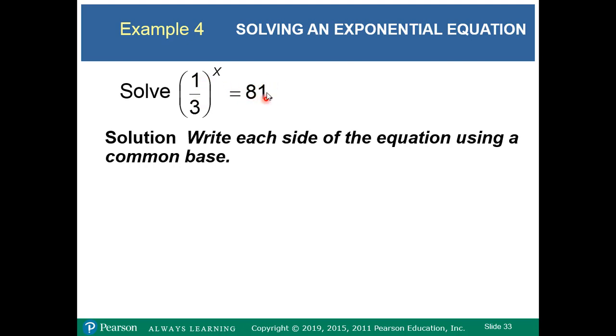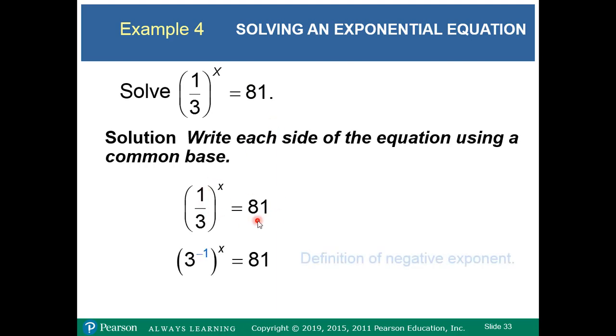So one way is to write this as 3 to the -4th power and then bring it in. So let's see how that looks. So here's our setup. Let's rewrite this as 3 to the -1, because 1/3 is the same as 3 to the -1 power, right?